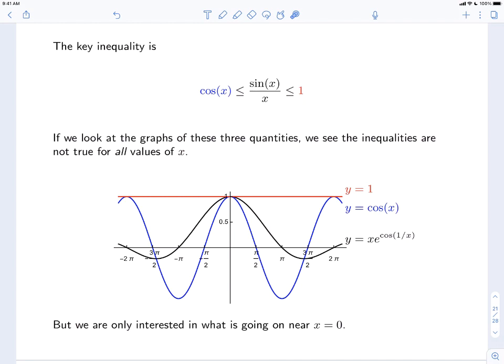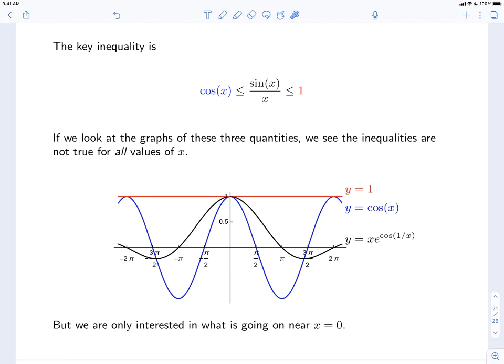Now again, sine x over x is the thing we're interested in. We want to show that the limit as x goes to 0 of this quantity, sine of x over x, is 1. And we're going to squeeze it between two things that go to 1. Well, on the right, we're going to have a 1 here, which of course is always 1. It's constant. And on the left, we have cosine of x. And at 0, cosine of x is 1.